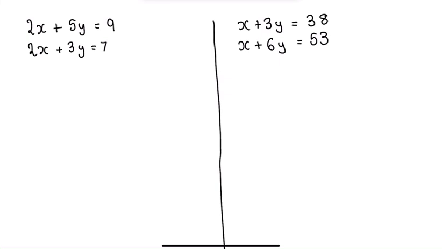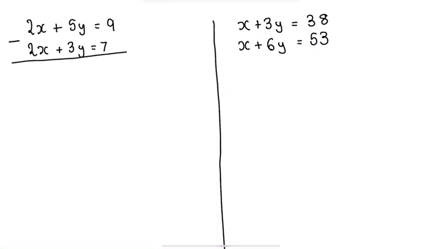2x plus 5y equals 9 and 2x plus 3y equals 7. Now, it's quite hard looking at those, trying to think about how we might solve them. However, what we can see here is that we have a 2x here and a 2x in this equation. And that's really going to help us out, because what we can do is take these two equations away.